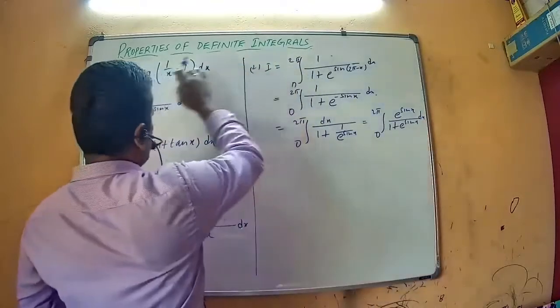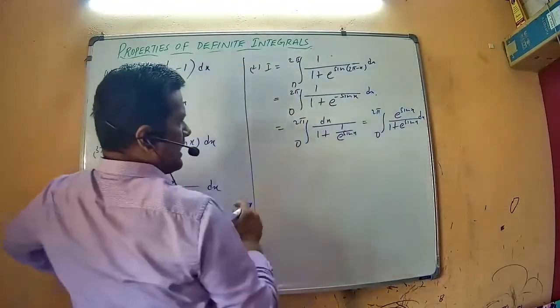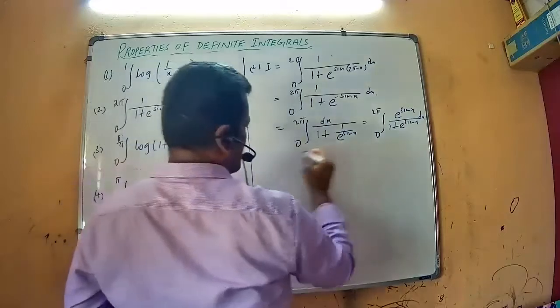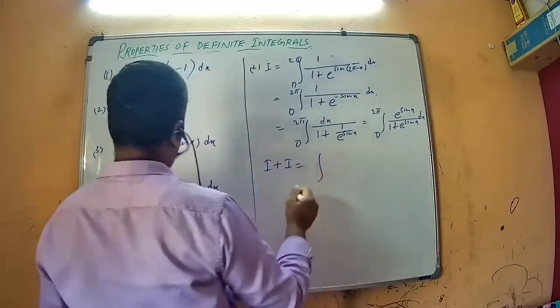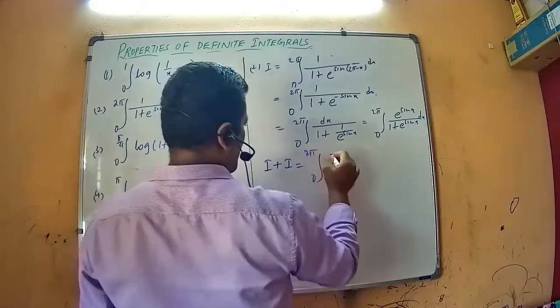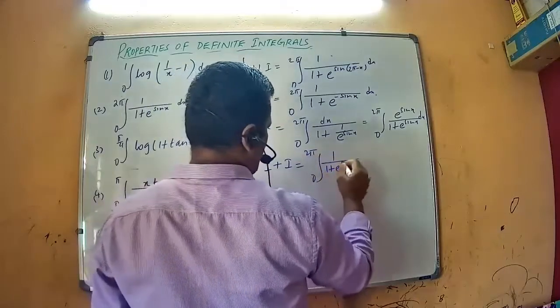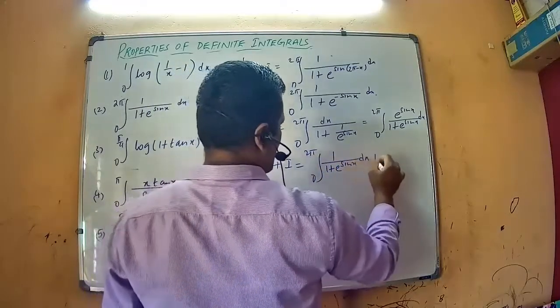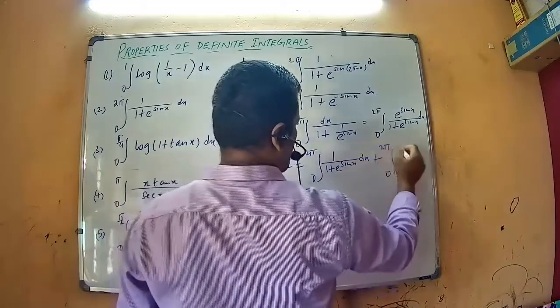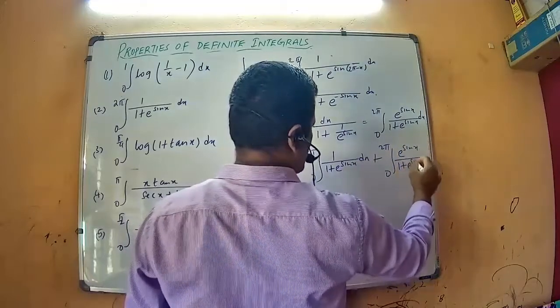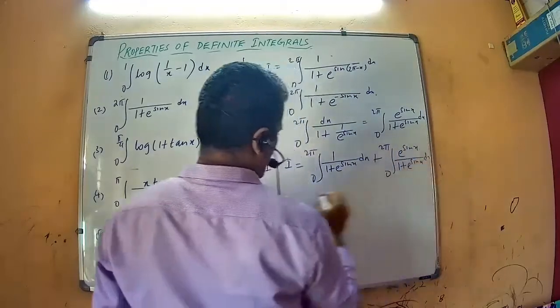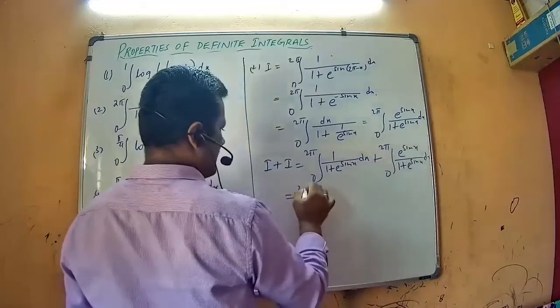This is I and this is also I. Add I and I. So I plus I is equal to the integral from 0 to 2 pi of 1 by (1 plus e power sine x) dx plus the integral from 0 to 2 pi of e power sine x by (1 plus e power sine x) dx. Now we can take the LCM by combining.